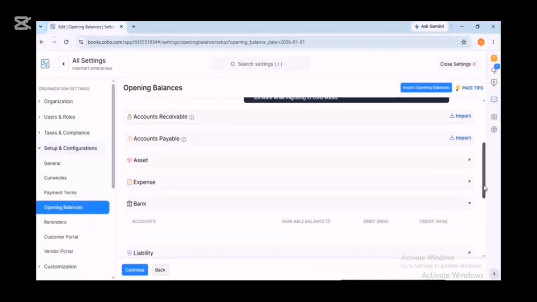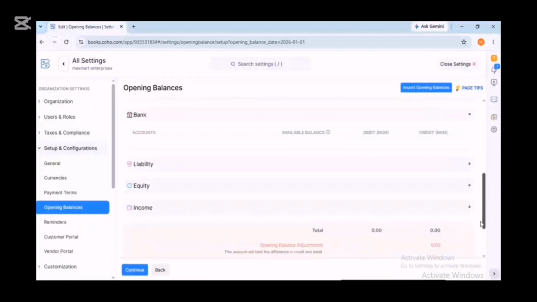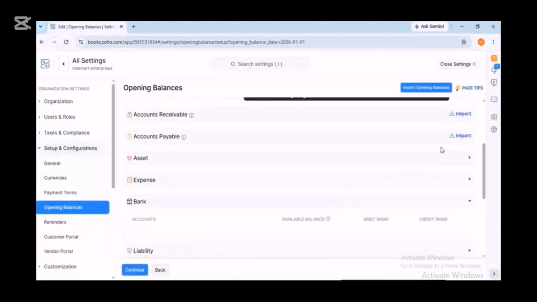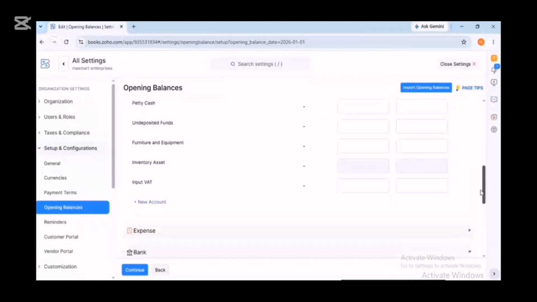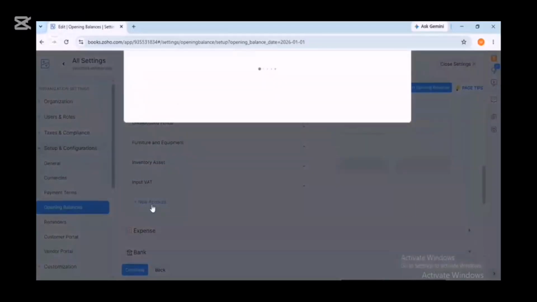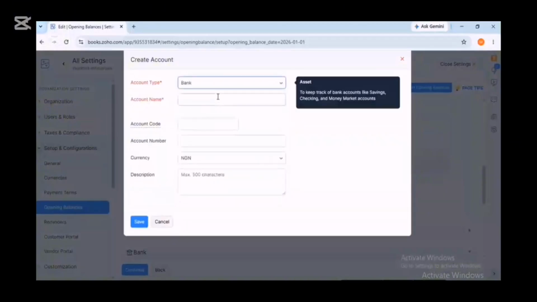So let's create a bank account. So we can also make our chart of accounts from here. So select assets. So there's no bank here. So we make a new one. Select new account. Account type is bank because it's a bank account. Then the name of the bank, Access. Let's save.